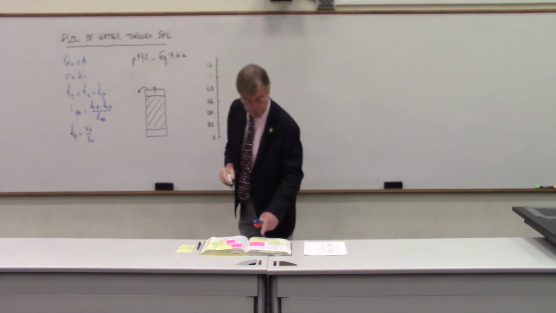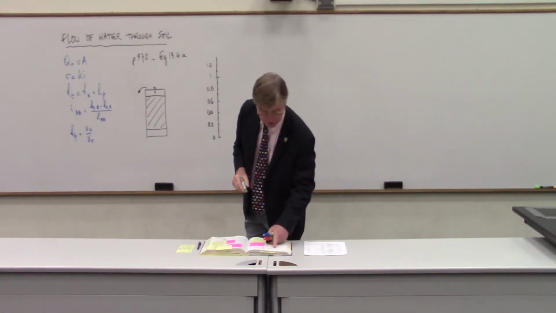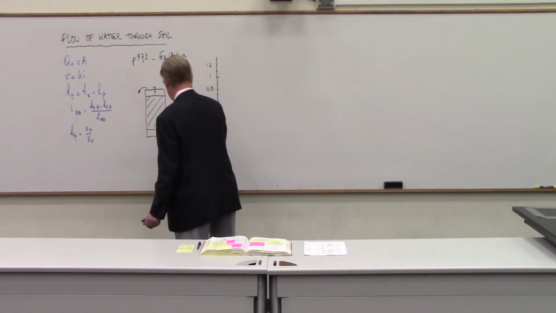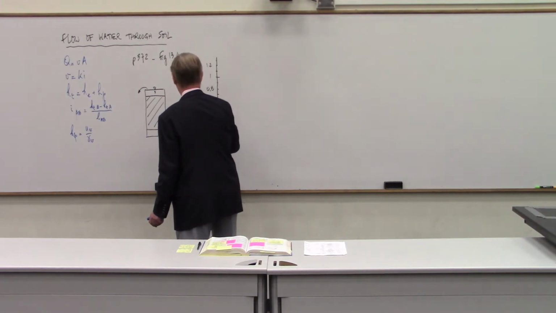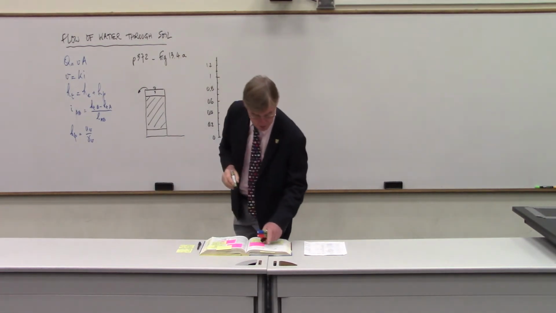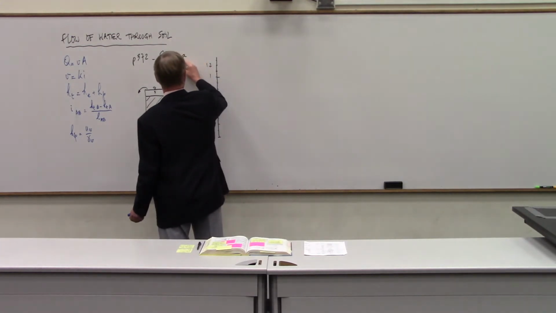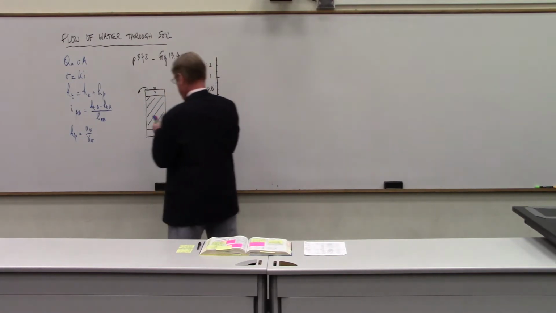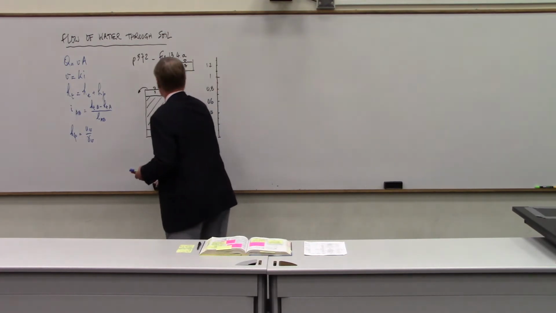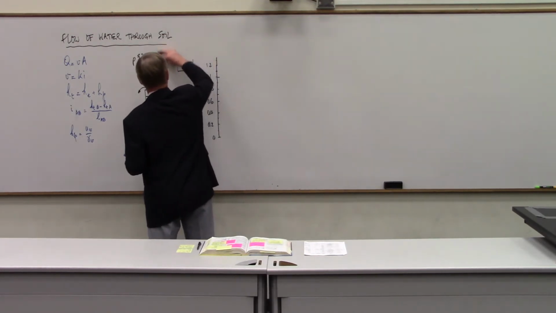The permeameter at the bottom is connected to a container, and this container has water all the way to 1.3 at the top here. So we have a container right here, and the water level is kept at 1.3. Let me erase this to make it clearer.